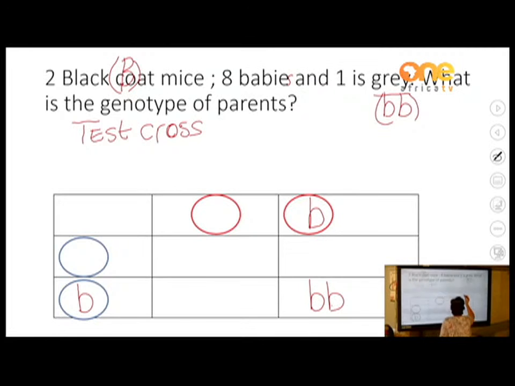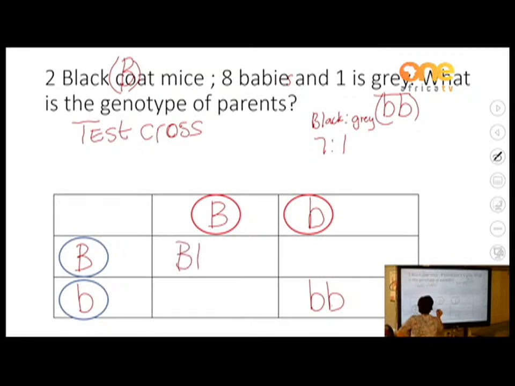If I look at 8 babies and 1 is gray, it means 7 are black, and the parents are black. So the parents must be heterozygous black.